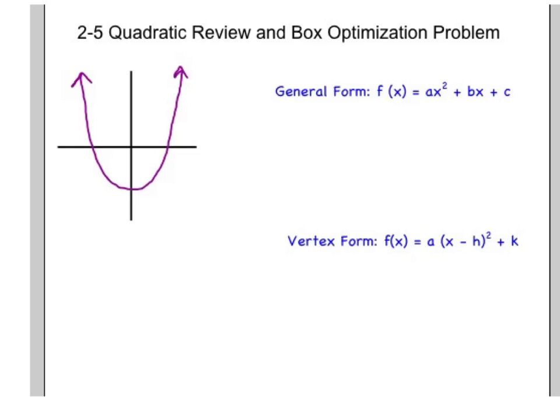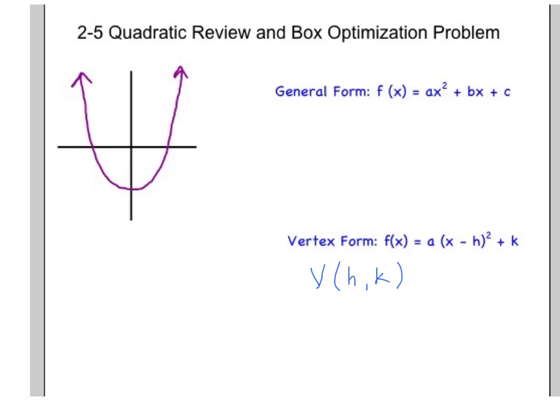The general form of a quadratic equation is ax squared plus bx plus c, written here. The vertex form of a quadratic equation is written here. You'll note that the a and the a are the same in both equations. An x is still an x, but they have different values and give different information. In vertex form, the h and the k is the actual vertex.